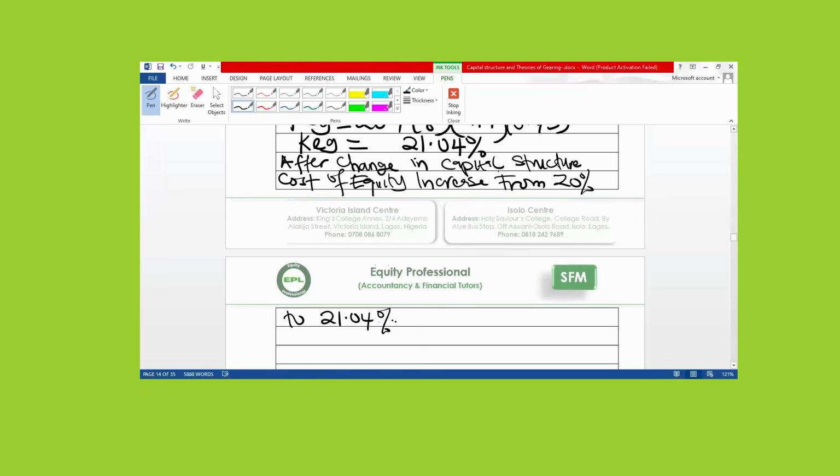Go and look at the principle again. The cost of equity of a geared company will be higher than the cost of equity of an ungeared company. When the company is ungeared, its cost of equity is 20%.